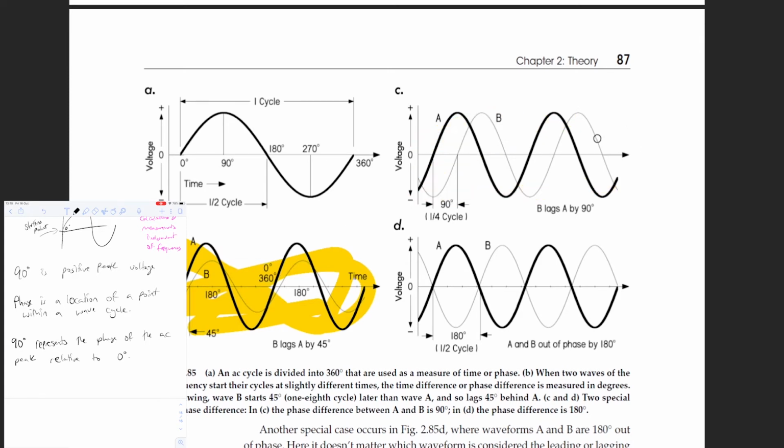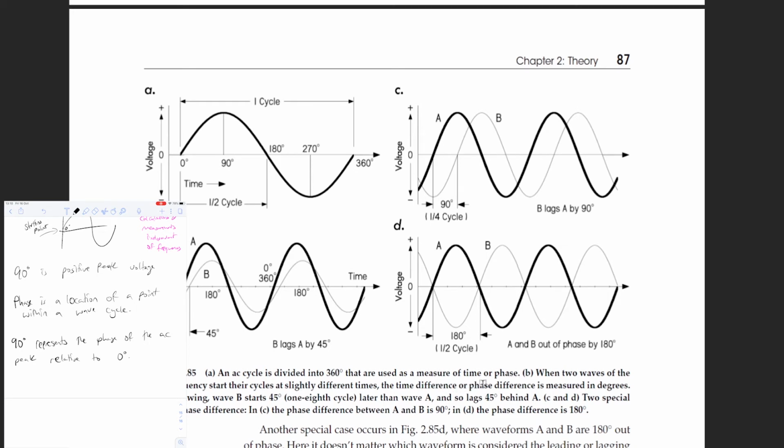Well, this is about lagging, but they start at two different times. But these aren't the same. Or they have the same frequency because they complete their cycle in the same amount of time. They just have different amplitudes. Is that what we're saying here? Yeah, so they have different amplitudes, but they have the same frequency.